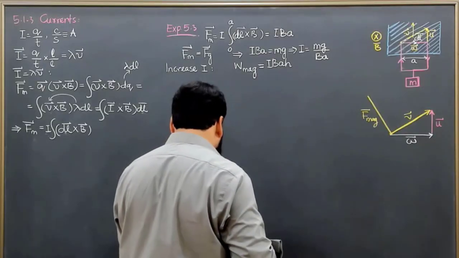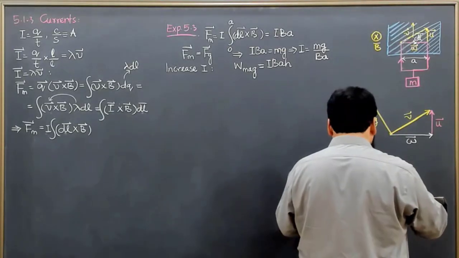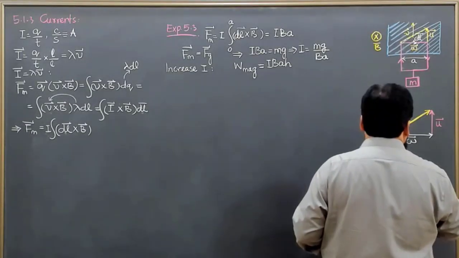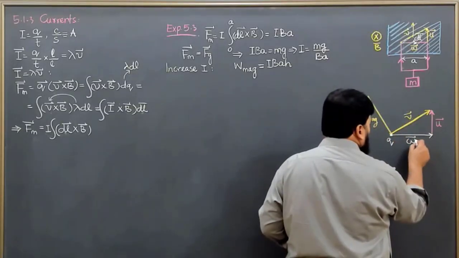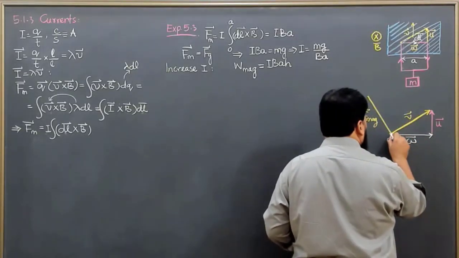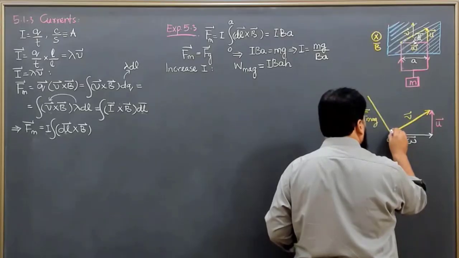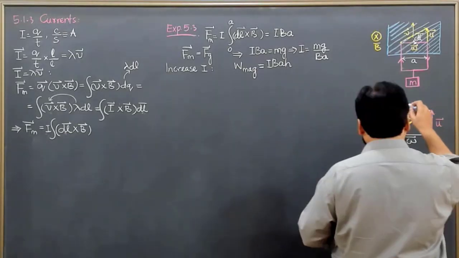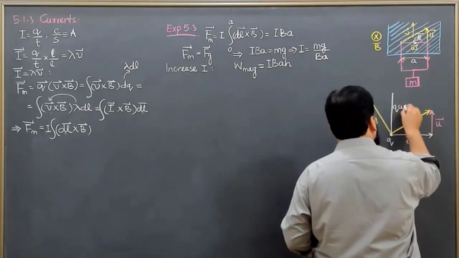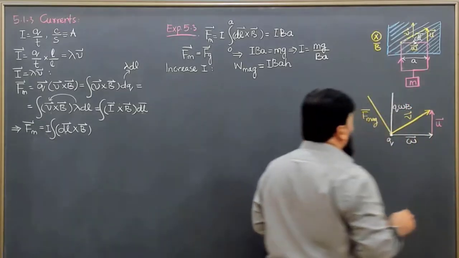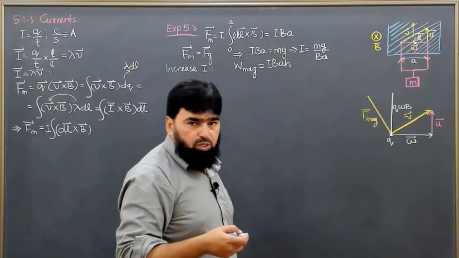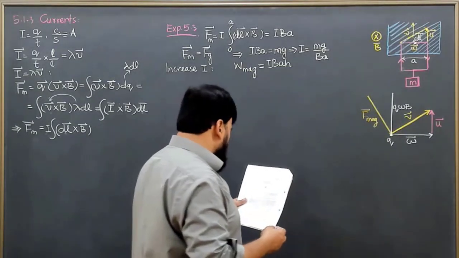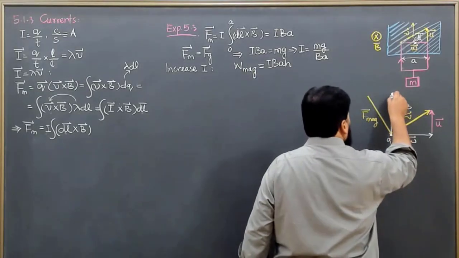With velocity w, the force will be perpendicular to it, and this force is equal to qwB, because qv cross B, being perpendicular to each other, becomes qwB, and it is in this direction.